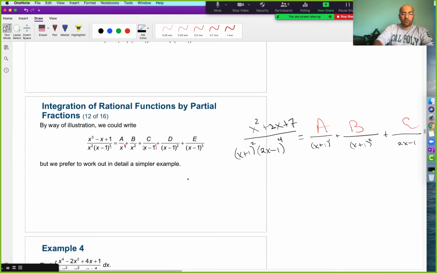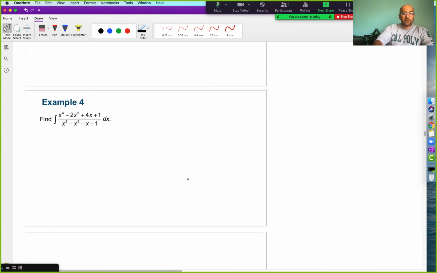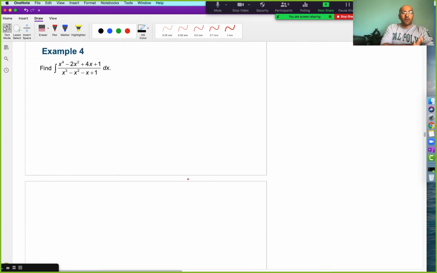Okay, so let's look at this example. So the first thing we have to do is factor the denominator and see how bad things are going to get. So let's take that over to the side. Actually, let me try working down here and doing it this way. x cubed minus x squared minus x plus 1.